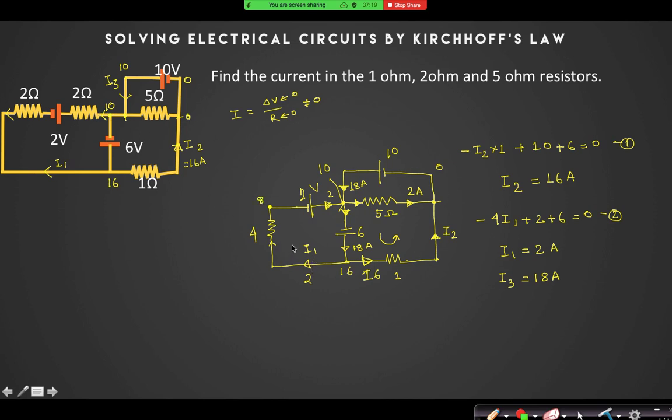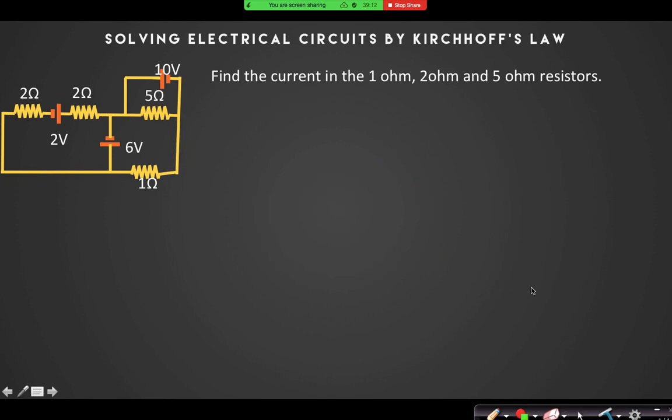Now this is 8 and this is 16, so what is the potential drop between these two points? 8, divided by the resistance 4. So what will be this current? 2 ampere. Now you can understand that we can find all the values without any calculation, just by writing the potentials.